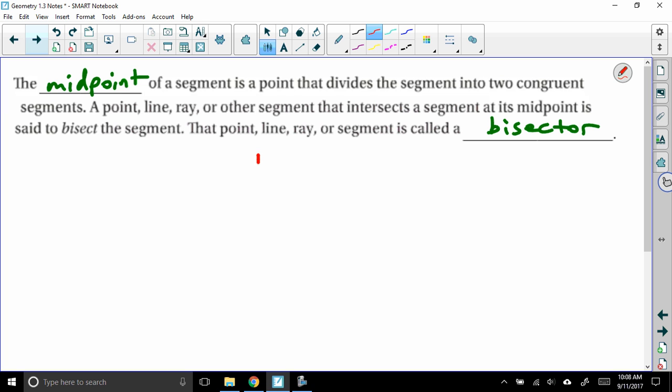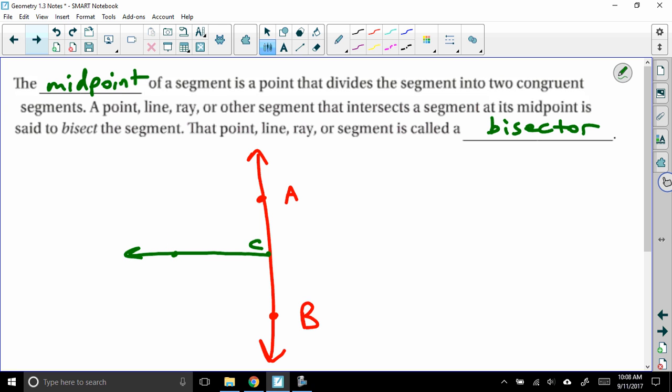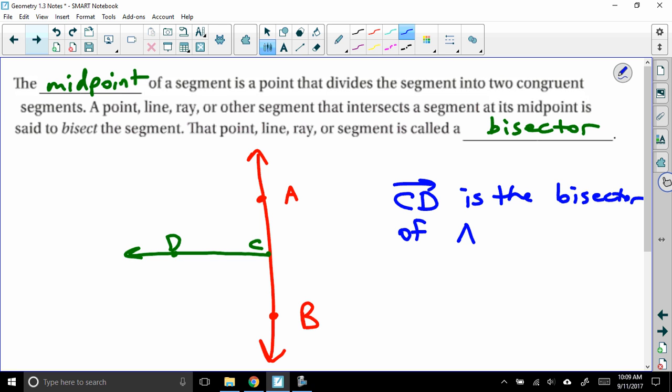So a picture's worth 1,000 words. Suppose here's line AB, and here is ray CD. So the deal is, in this particular instance, ray CD is the bisector of segment AB.